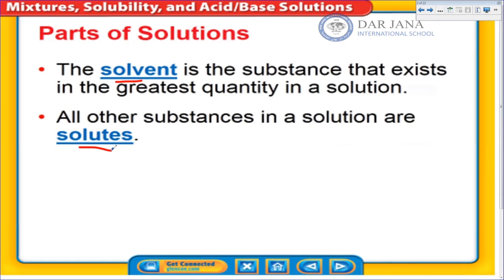Mainly, the solvent is the substance that exists in the greatest quantity in a solution, while other substances in a solution are called the solutes. So we have the solvent that exists in the greatest quantity, while the substances that are dissolved in this solvent, we call them the solutes.